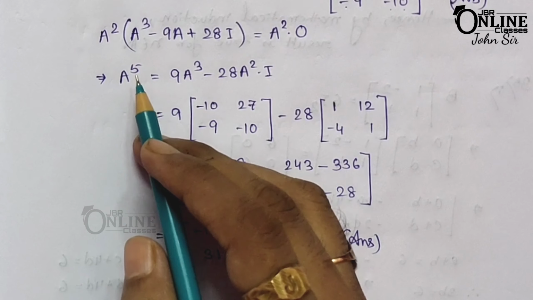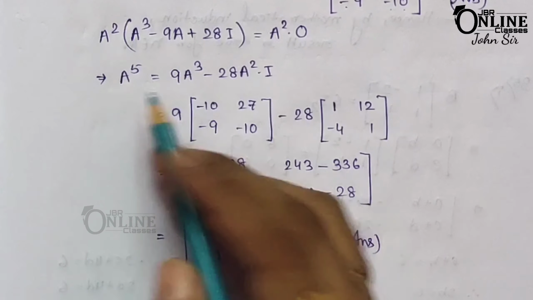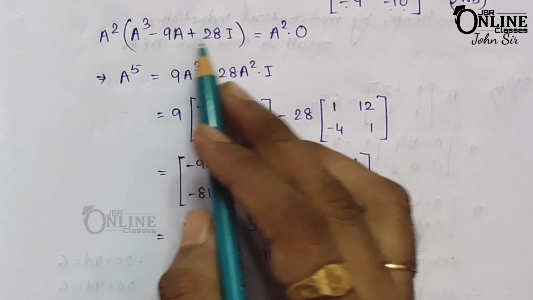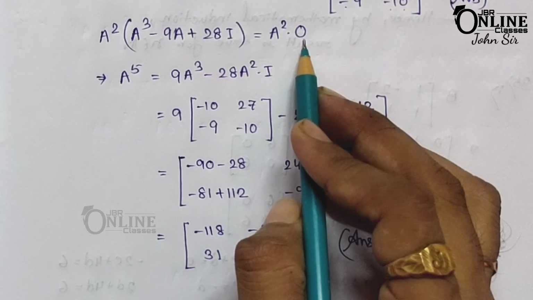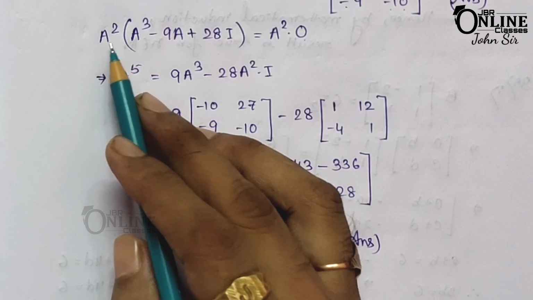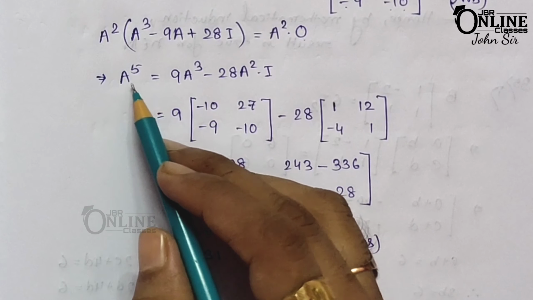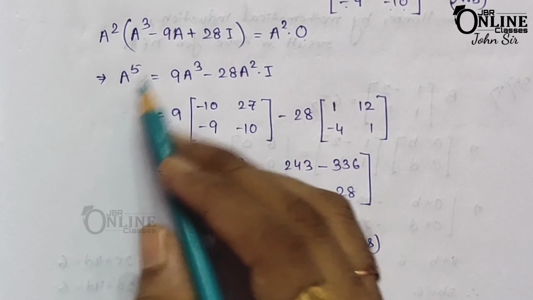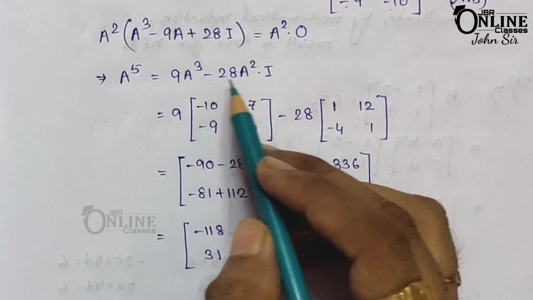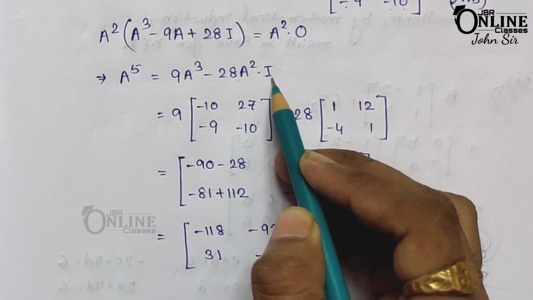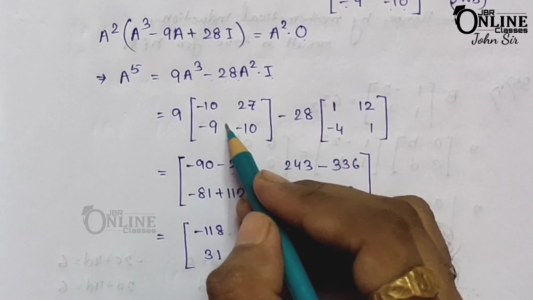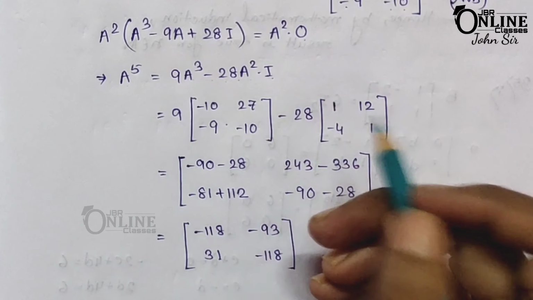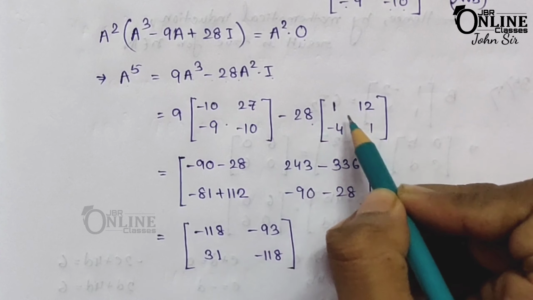Now the next thing, you have to find out the value of A5. So you have A cube minus 9A plus 28I, that equal to 0. So now if you multiply it by A square on both sides, then you will get A to the power 5 on the left hand side, and that one will be 9A cube minus 28A square I. So just put down the value of A cube here. You know the value of A cube matrix, and here 28, then A square.